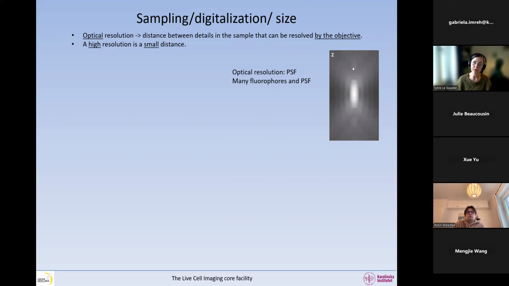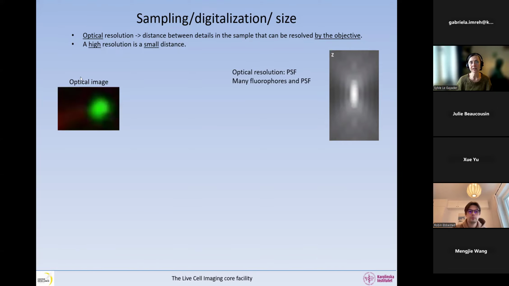But in our sample, we don't have just one fluorophore, right? We have many fluorophores. So let's say that this is the image of our sample that the objective forms. This is the optical image, and it's a bit blurry because it's all distorted with the point spread function.